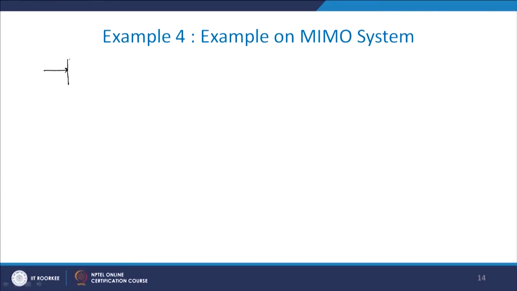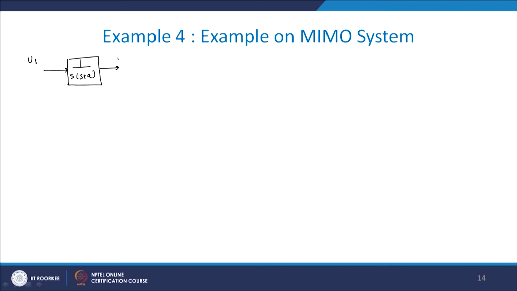Now, here we solve an example where we show that for a MIMO system also we get the state model in a first order form. So, we start doing this example. See, now here I am taking one block, u1, this is one input, 1 upon s plus a.